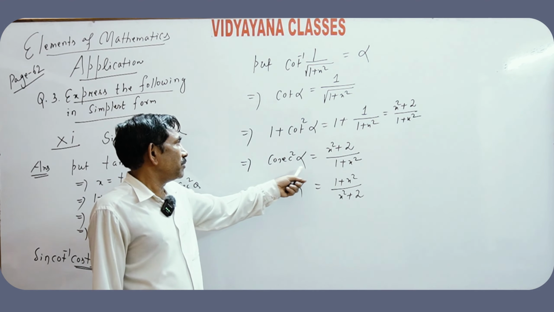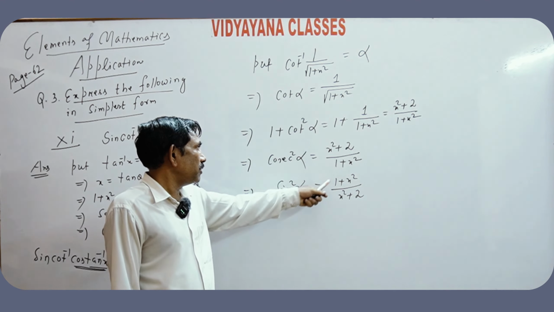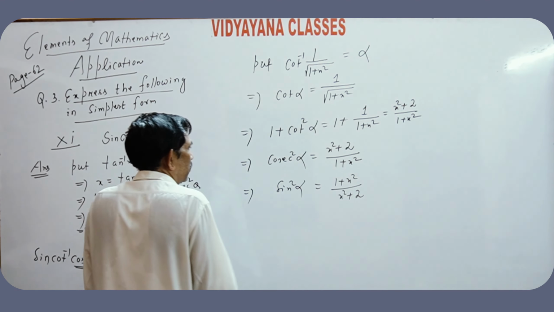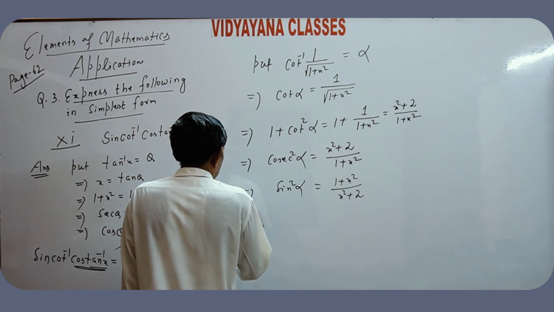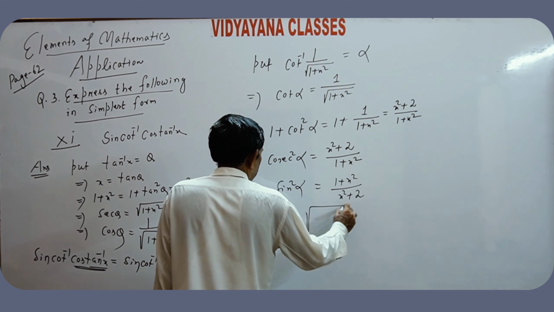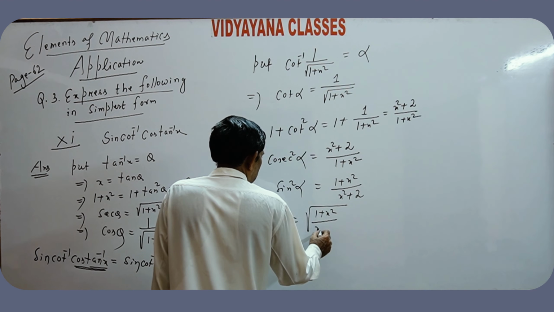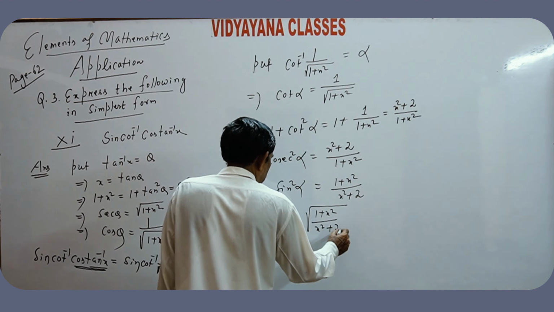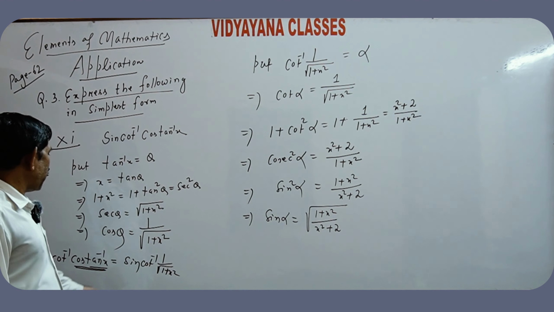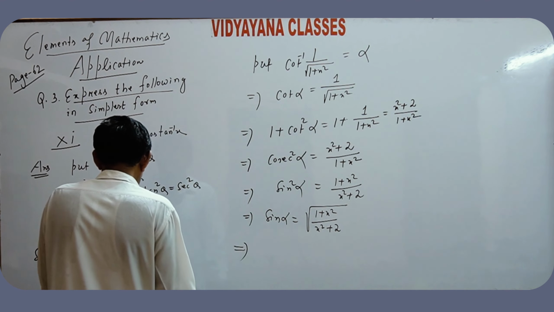Sin square alpha is 1 plus x square divided by x square plus 2, which implies sin alpha is equal to square root of 1 plus x square divided by x square plus 2. What is alpha? Alpha is taken as this.